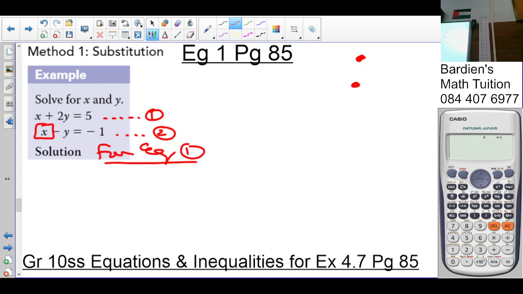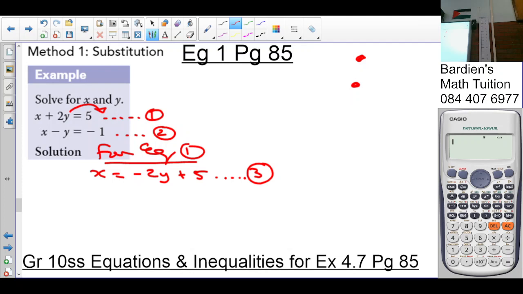You guys understand? Alright. So what do we say? We're going to make x the subject of the formula. We take that over, so x is equal to minus 2y plus 5. And this is equation 1, this is equation 2, then this is of course equation 3. The third equation we have.